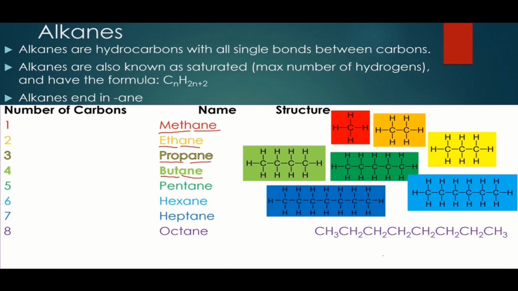So CH3 and CH3 on the end, and then we have CH2s in the middle. Again, all of our middle carbons are bonded to 2 hydrogens. So CH2, CH2, CH2, CH2, CH2, and CH2. 8 total carbons, all of them filled up with hydrogens. There's a saturated alkane.